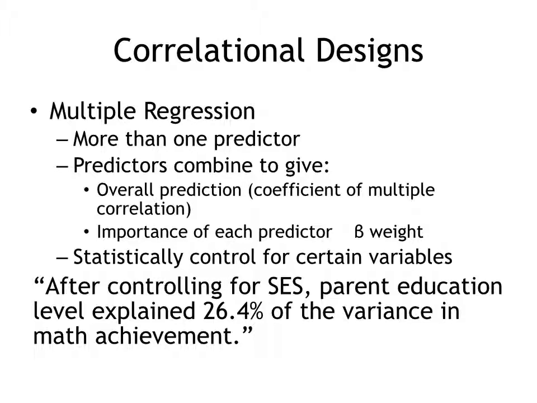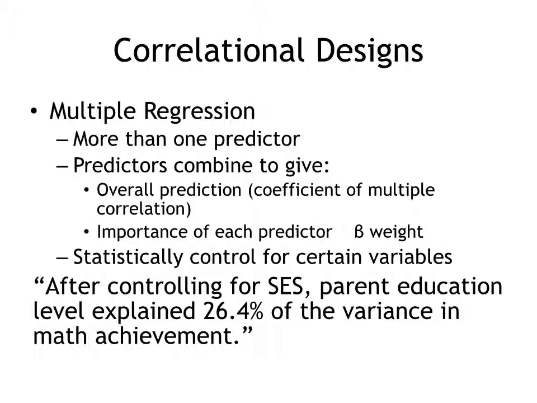So predictors can then be combined in two different ways, and we can get 2 really important pieces of information out of this as we predict. First of all, we can combine those predictors to make an overall prediction. So if I take several factors, I can predict what will happen. And that's called the coefficient of multiple correlation.